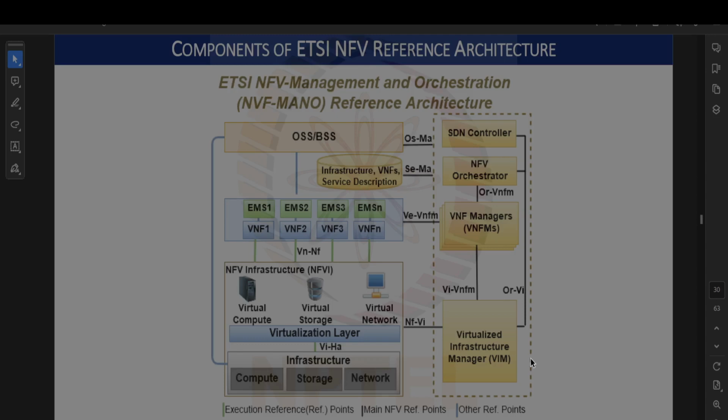ETSI is the standards body. This follows the high level architecture, but there are some additional components also available here.